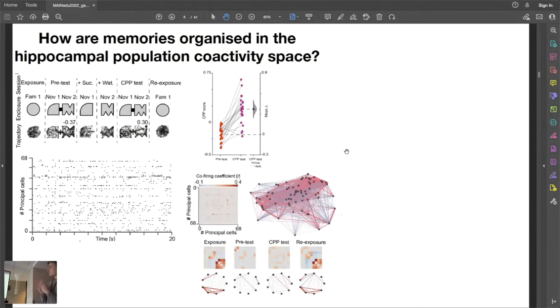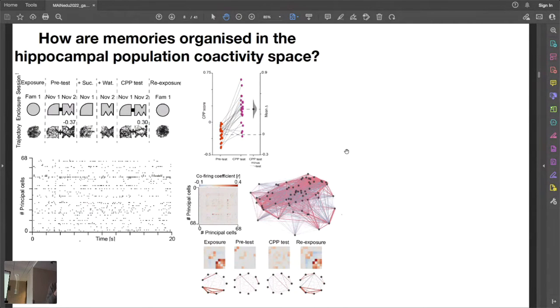So now, given this population activity, what I wanted to do is recapitulate the relationship between the activity of neurons by looking at their coactivity measure.